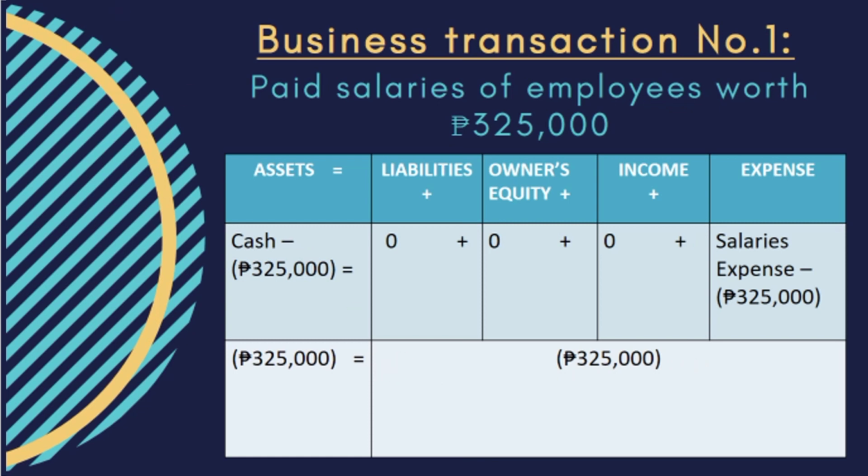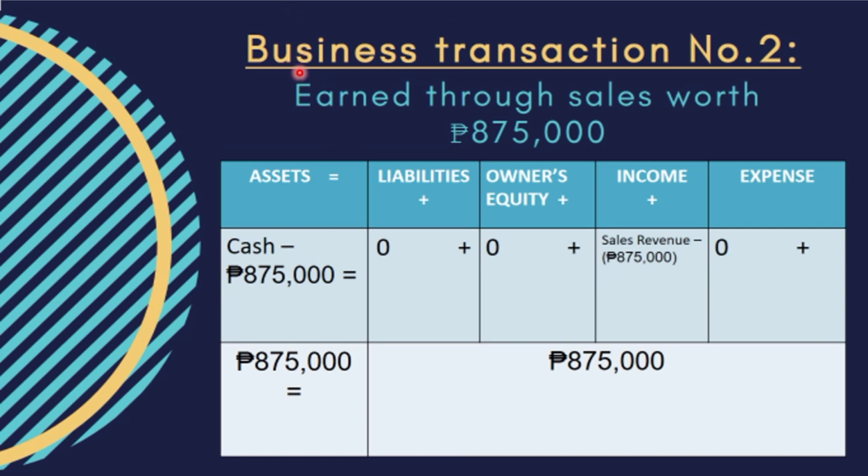Business transaction number 2: Earned through sales worth 875,000. Our first step is to identify the account titles involved in the transaction. In this transaction, the account titles involved are cash and sales revenue. Under assets, the value is 875,000.